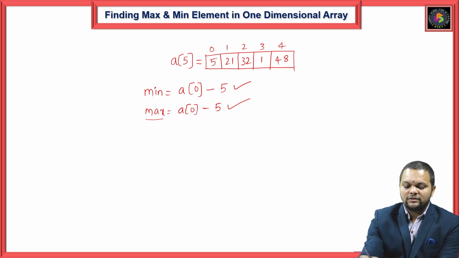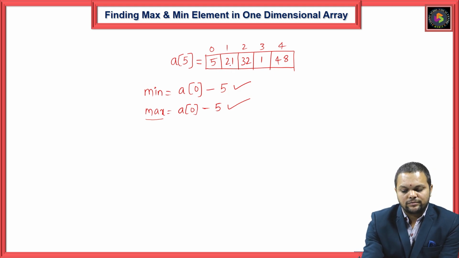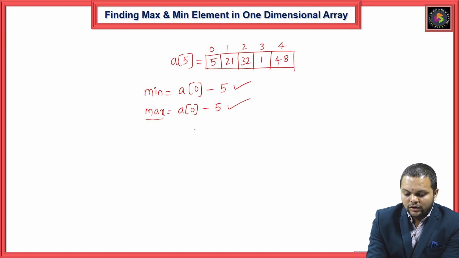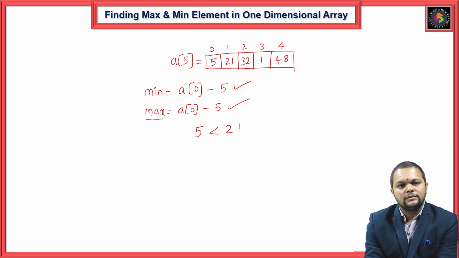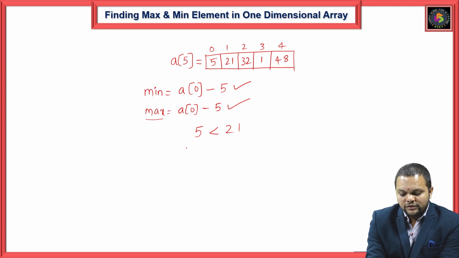So let me check this with the first value, 5. I'll check with the first one. So 5 is checked with 21. If 5, the value which is called min, is less than 21, and 21 is a of 0.